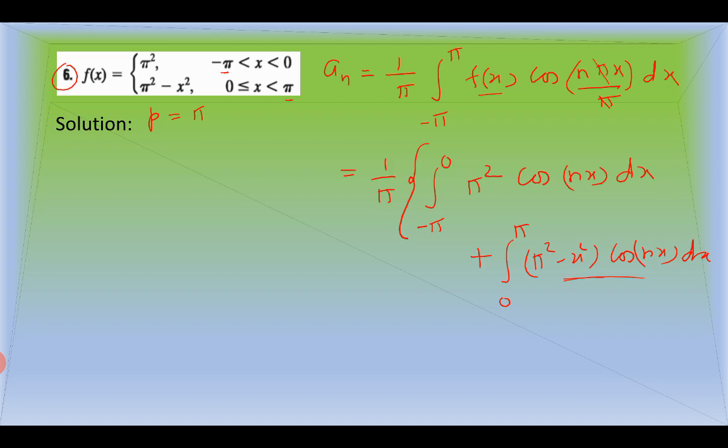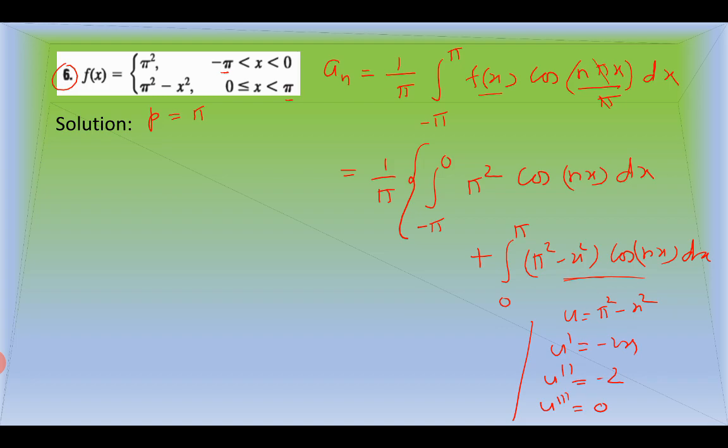Okay, first integration will be, so here what to do, u is pi square minus x square, u prime is minus 2x, u double prime is minus 2, u triple prime is 0.